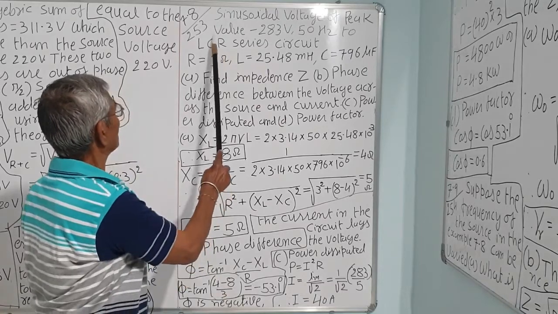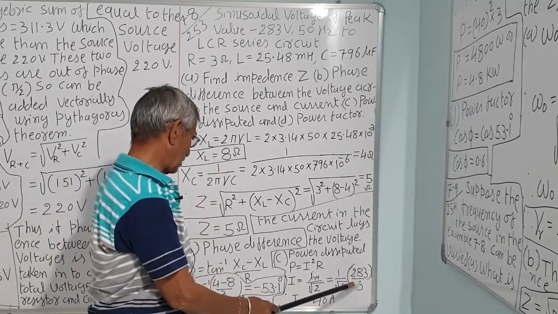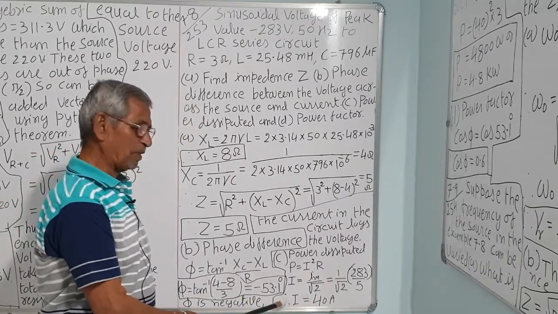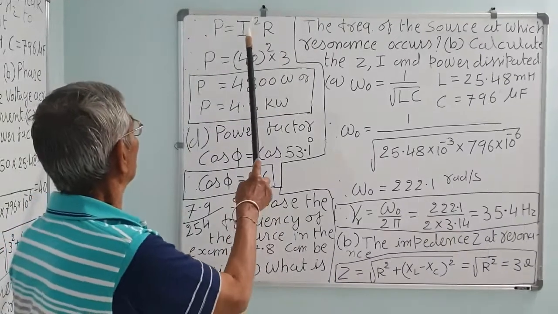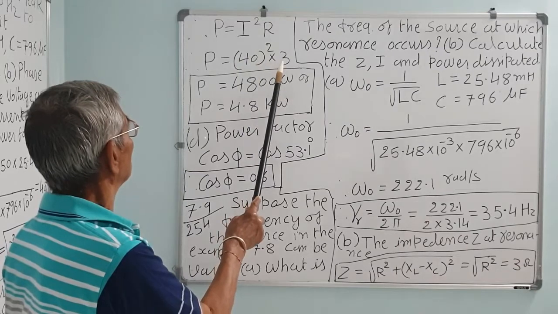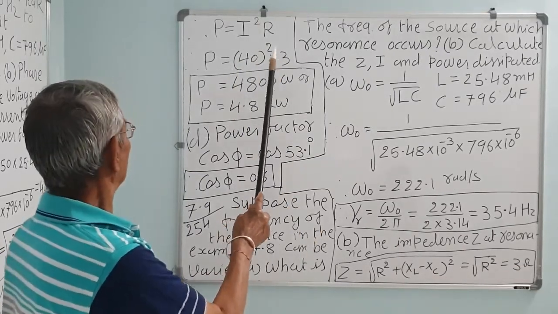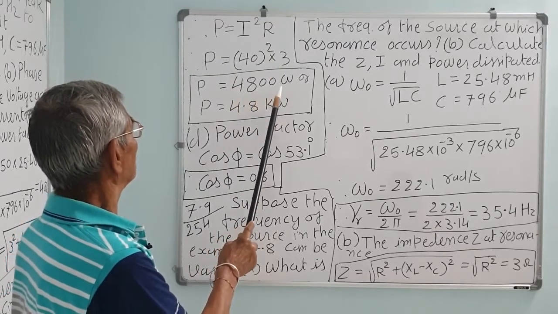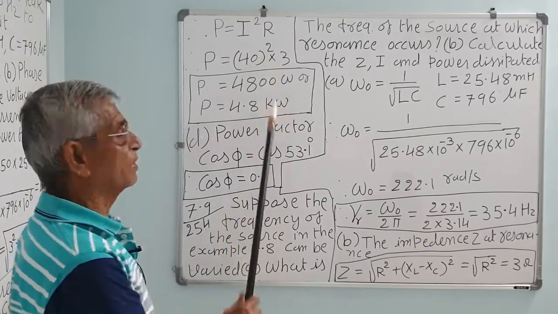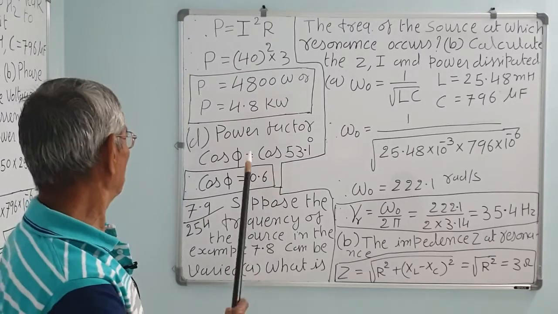This voltage is already given. So voltage upon impedance is Im, and upon under root 2, that is IRMS, that is 40 ampere. Power P is equal to I square R, that is 40 square, current is 40, which we have already calculated, into resistance 3 ohms, correct, that is 4800 watt. This is 1600 multiplied by 3, that is 4800, or you can write 4.8 kilowatt also.